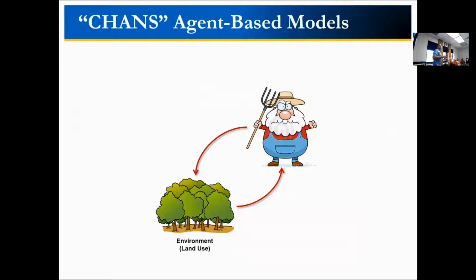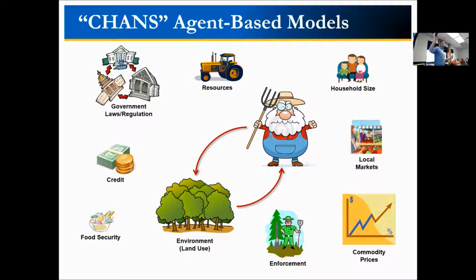So what happens in a coupled human natural system? Let me just give you this example. You can have farmers interacting with the environment, choosing their land use, and you can have many other factors that are influencing this farmer in his decision. And once you can capture this in the model, you can go back to the model and start playing with those variables.